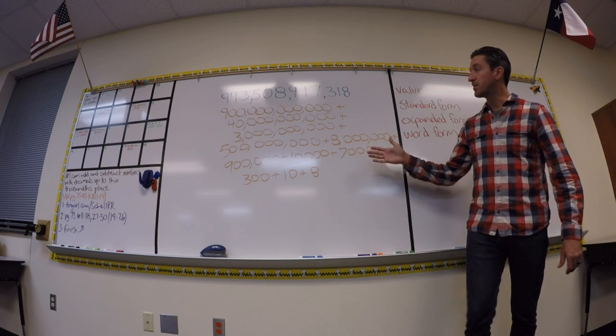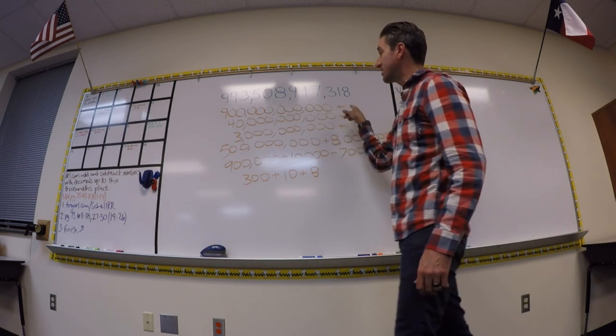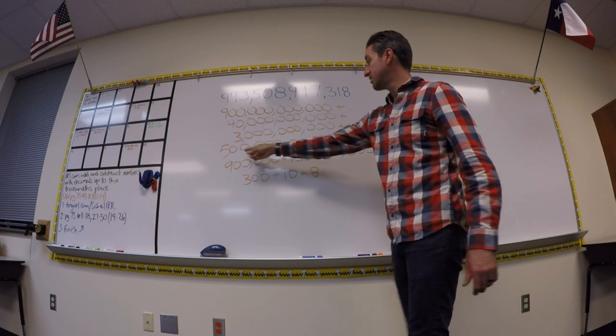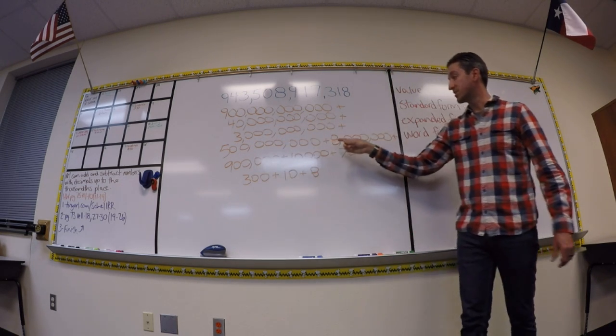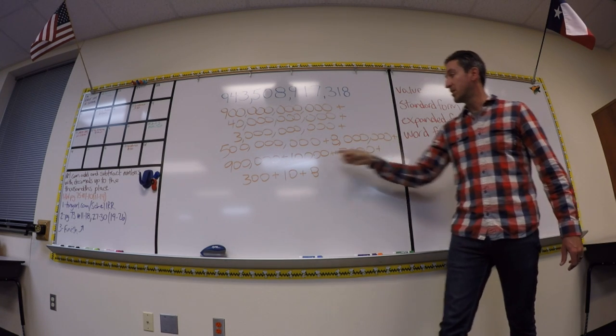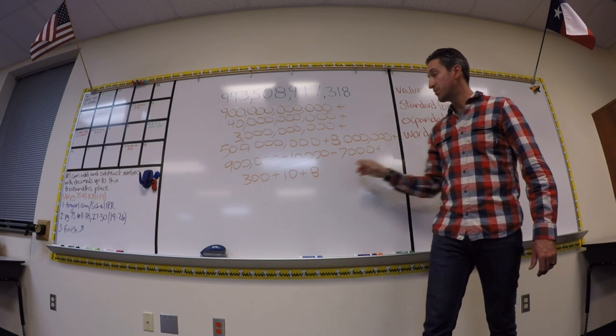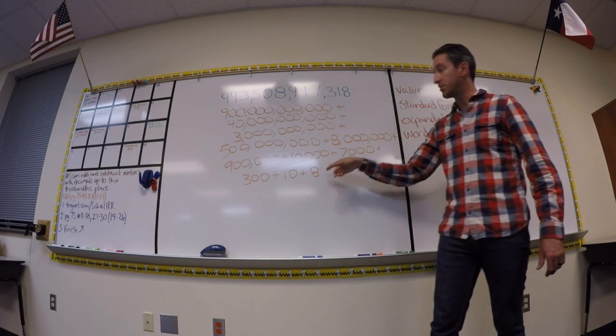Okay, a lot of numbers. We've got 900 billion, 40 billion, 3 billion, plus 500 million, 8 million, plus 900,000, plus 10,000, plus 7,000, plus 300, plus 10, plus 8.